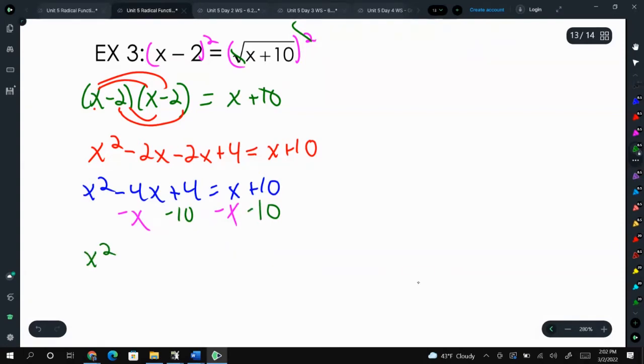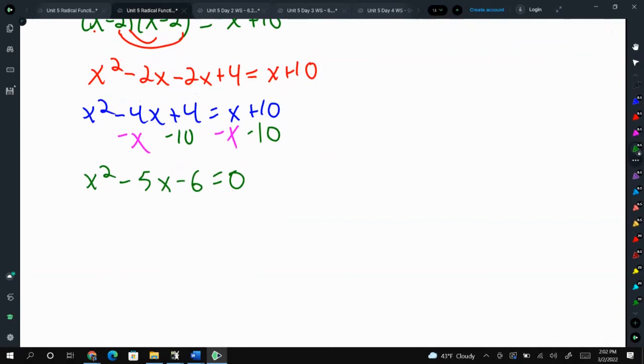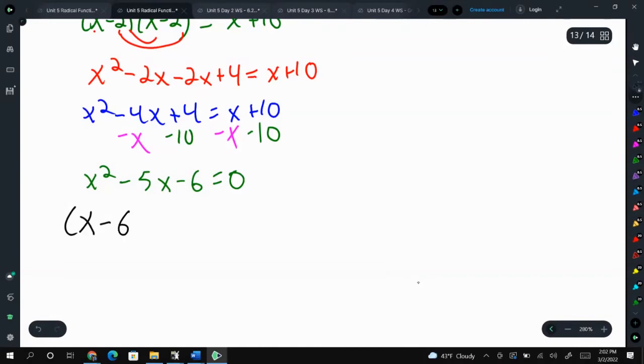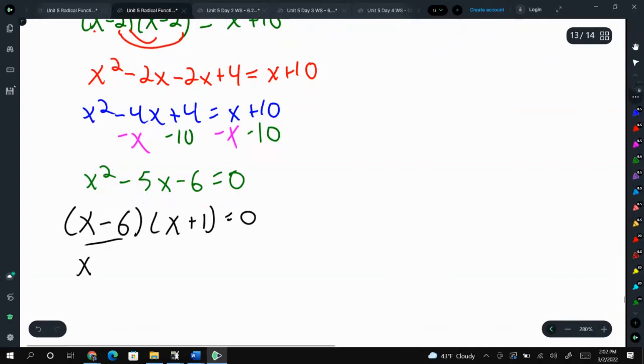So we get x squared minus 5x minus 6 equals 0. Now we can factor this, because this is a quadratic equation, and one of our tools for solving quadratics is factoring. So we have x minus 6 and x plus 1 equals 0. So our solutions are x equals 6 and x equals negative 1.